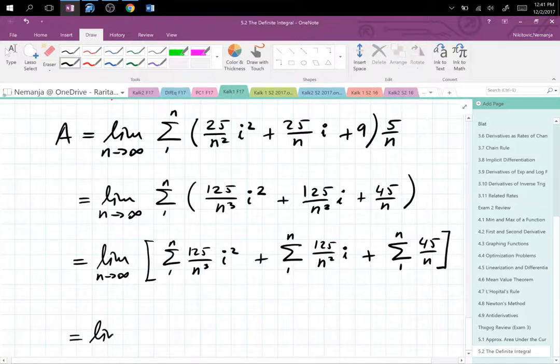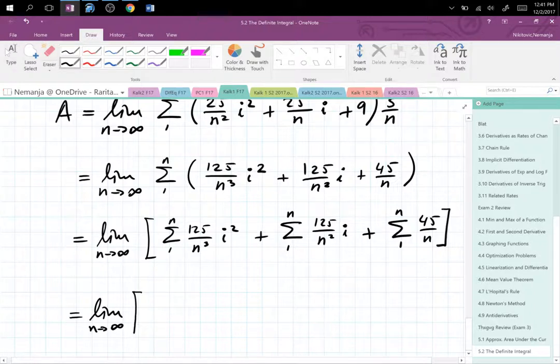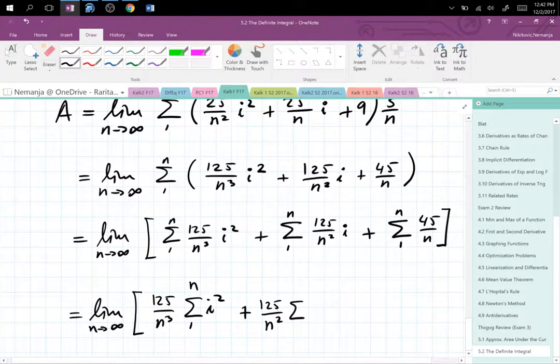So now the next step, we kick all of those non-i terms out. So 125 over n cubed, summation 1 to n of i squared, plus 125 over n squared, summation 1 to n of i, plus 1 over n, summation of 45.